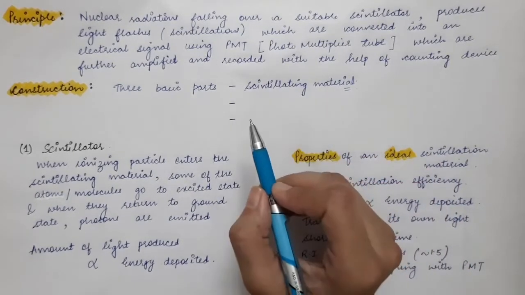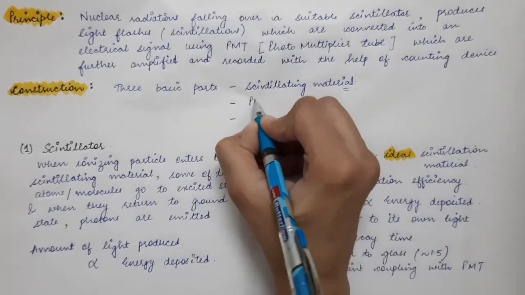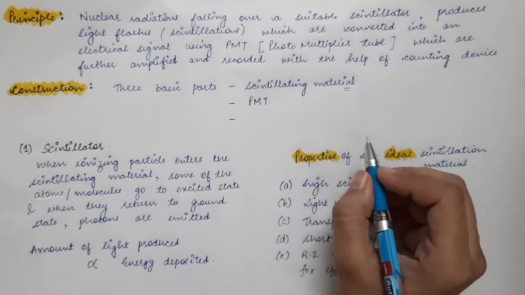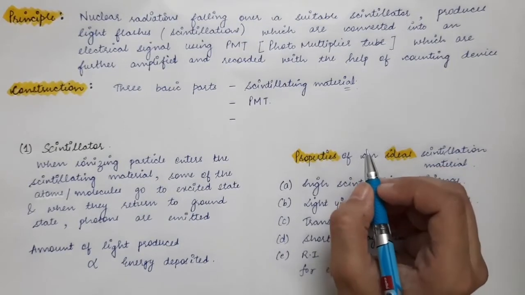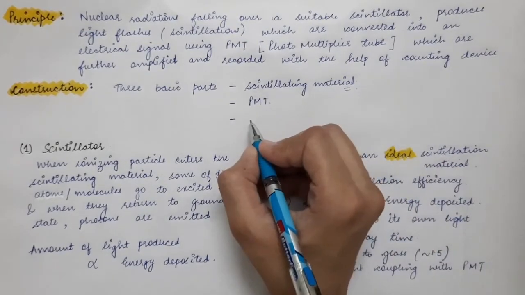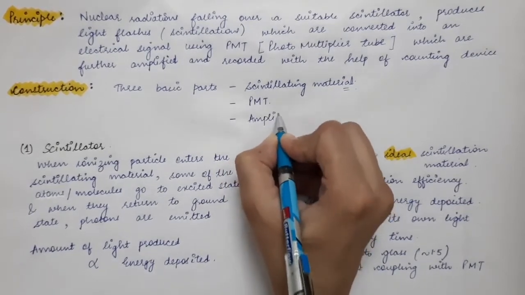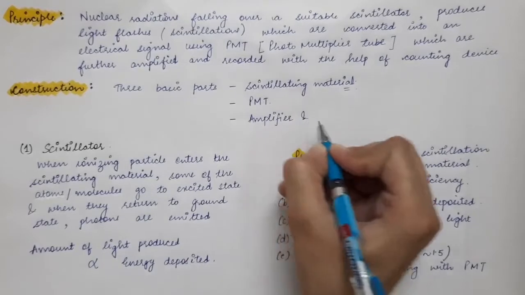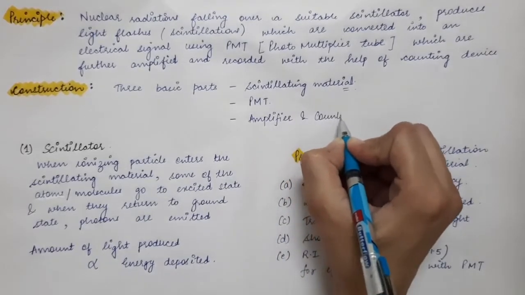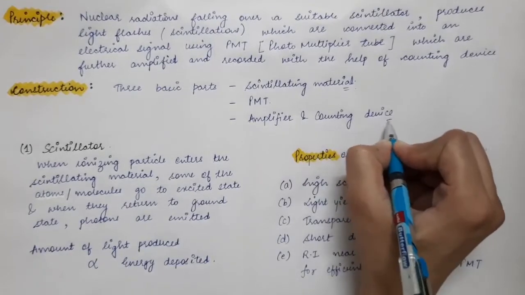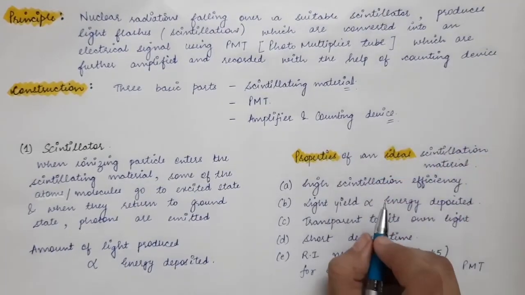The second part is the PMT, the photomultiplier tube, which converts the light flashes into an electrical signal. And last are the amplifiers and counting devices. So we have already discussed the three main parts of the scintillation counter.